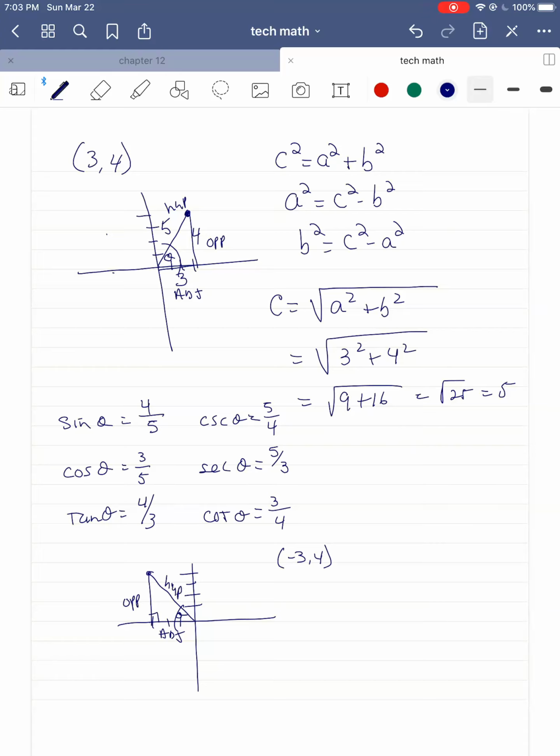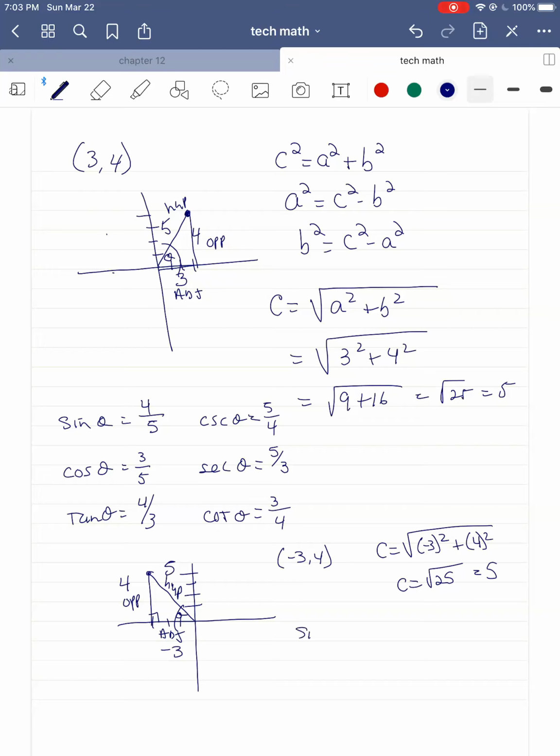This is my hypotenuse. So this is minus 3, 4 on the opposite. And again, the Pythagorean theorem will yield the same number, because when I square the 3, it still comes up to a 9. So this is the square root of 25, which is 5.